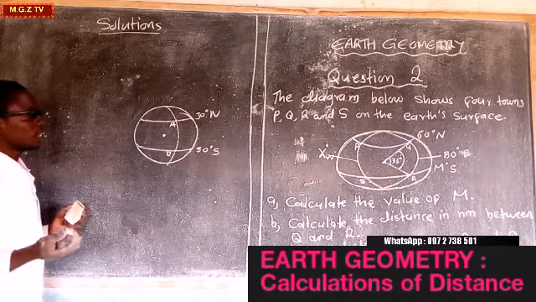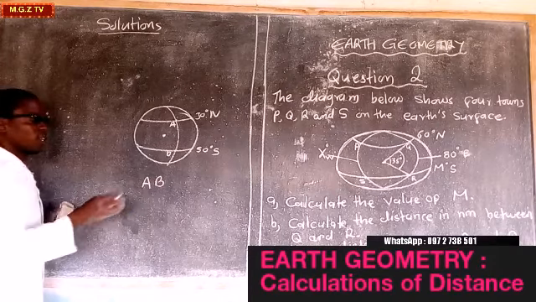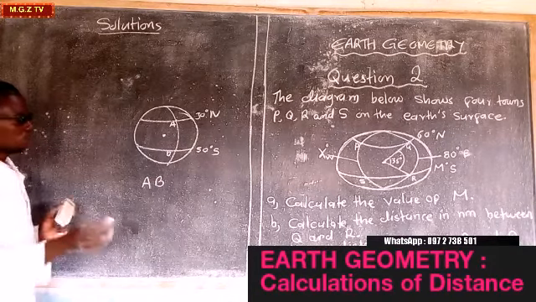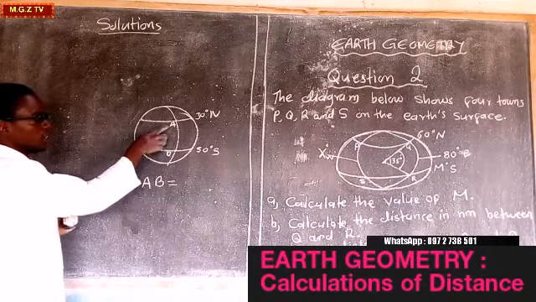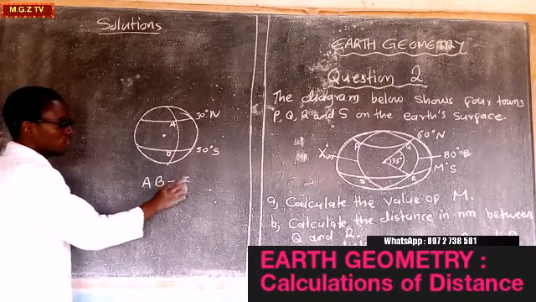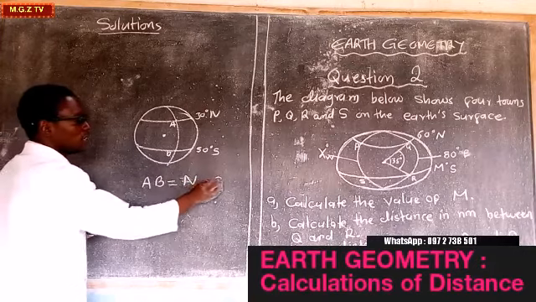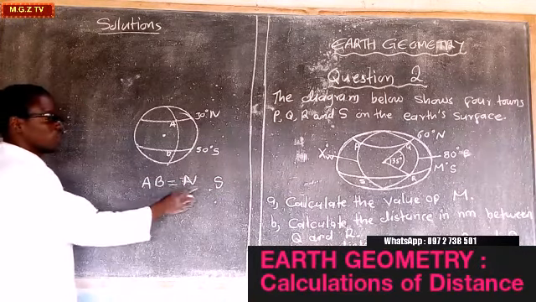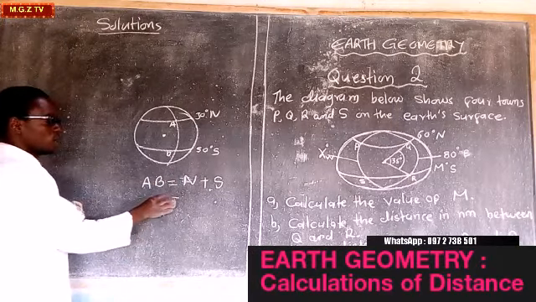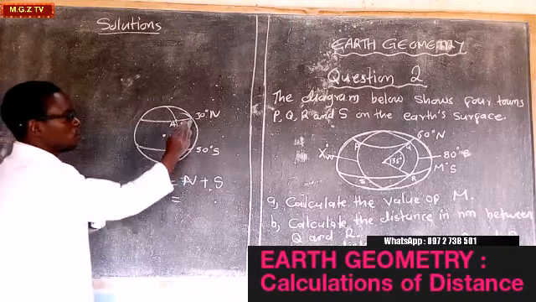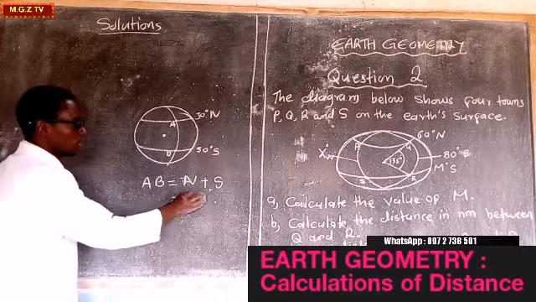The question may be asked to find the difference between A and B. What we used to do is to say A is to the north, B is to the south, and these two are from different poles, so we add. We add the 30 plus the 50.